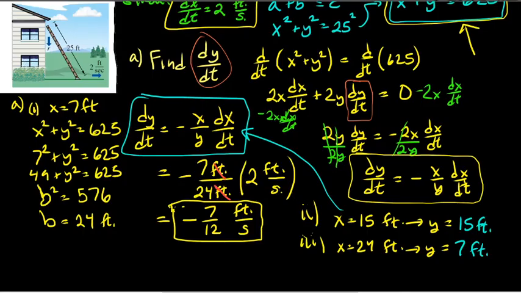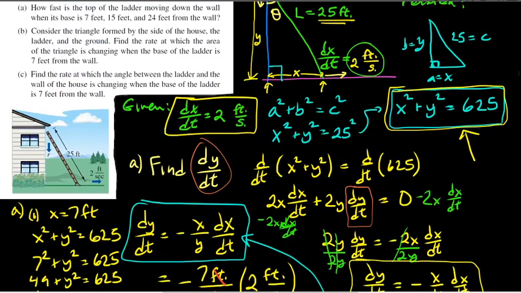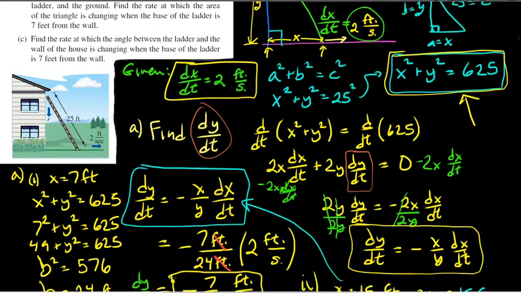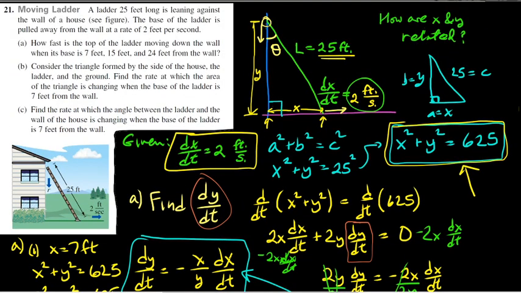Oh, so why is it negative? Why is dy over dt negative? In some sense, the question is, how fast is the ladder going down the wall here? Can I circle this? So you see the down arrow over here? It's moving down. Well, that's why. The bigger the y, the higher we are.